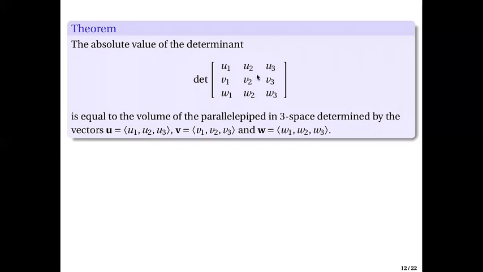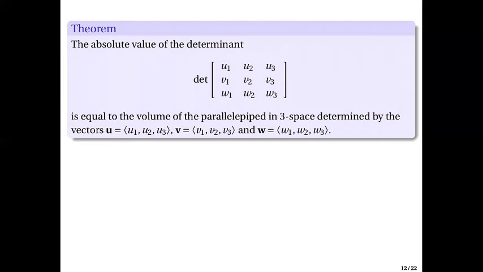The determinant here will give you the scalar triple product.